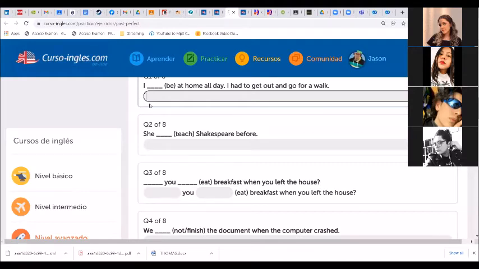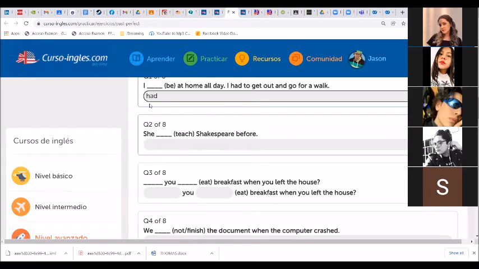Selene, number 1. I had been at home all day. I had to get out and go for a walk. Good.